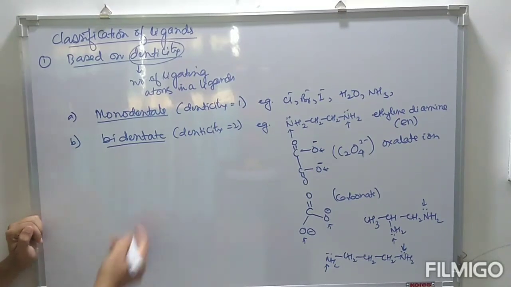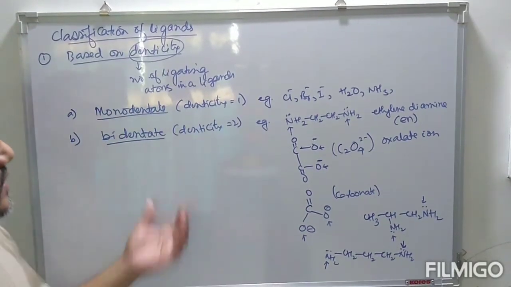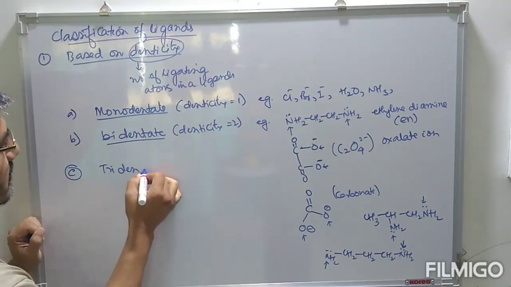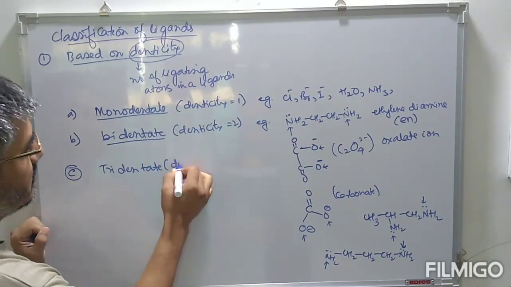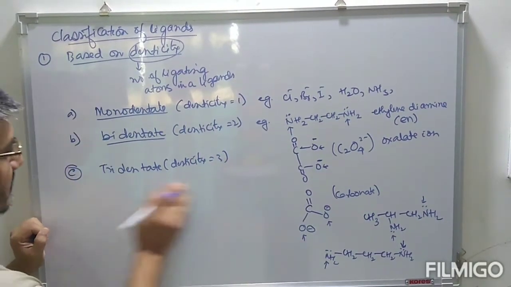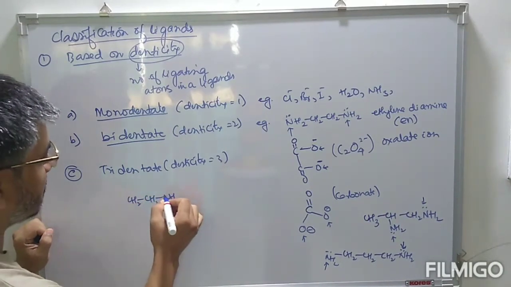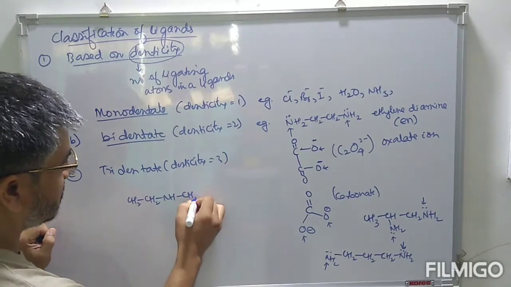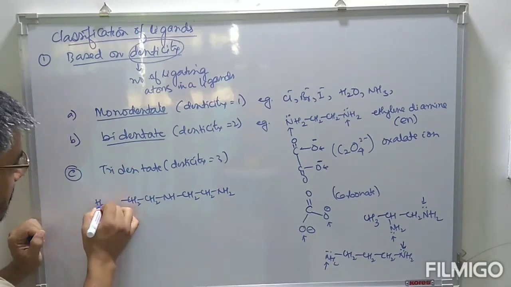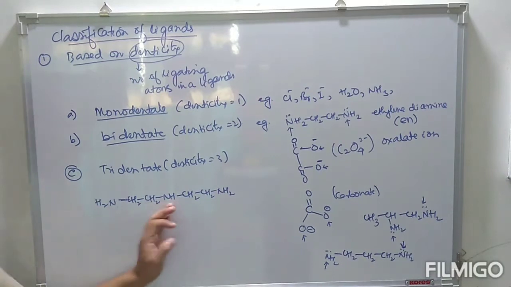Similarly, if the denticity is 3, then we have tridentate. Denticity is equal to 3. Take this: CH2, CH2, NH, CH2, CH2, NH2, diethylene triamine.